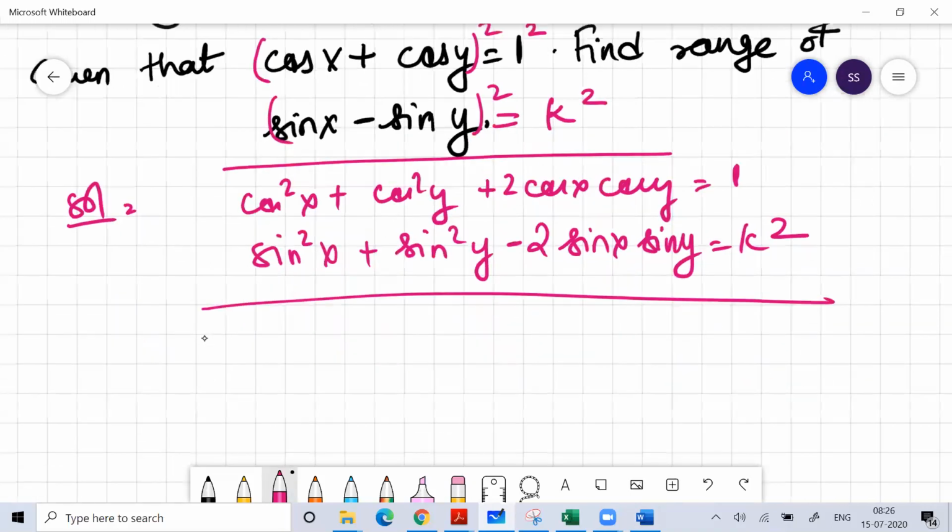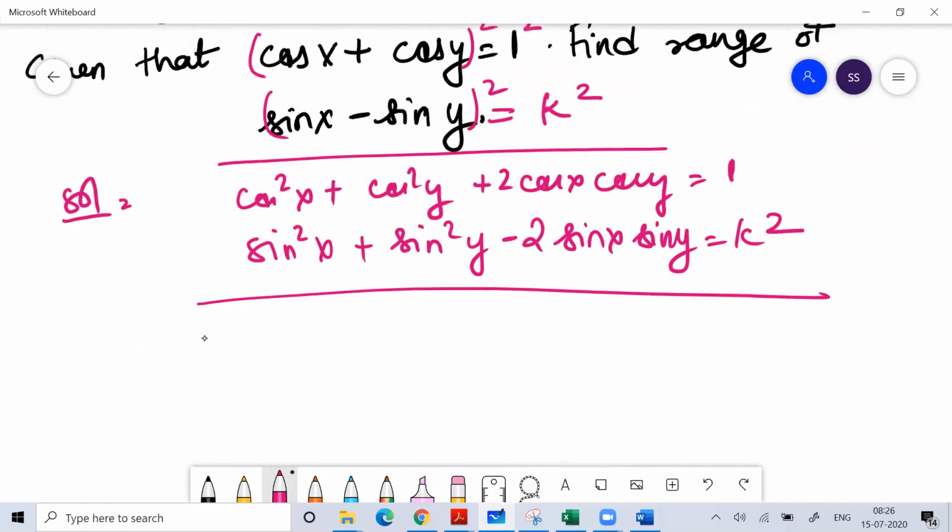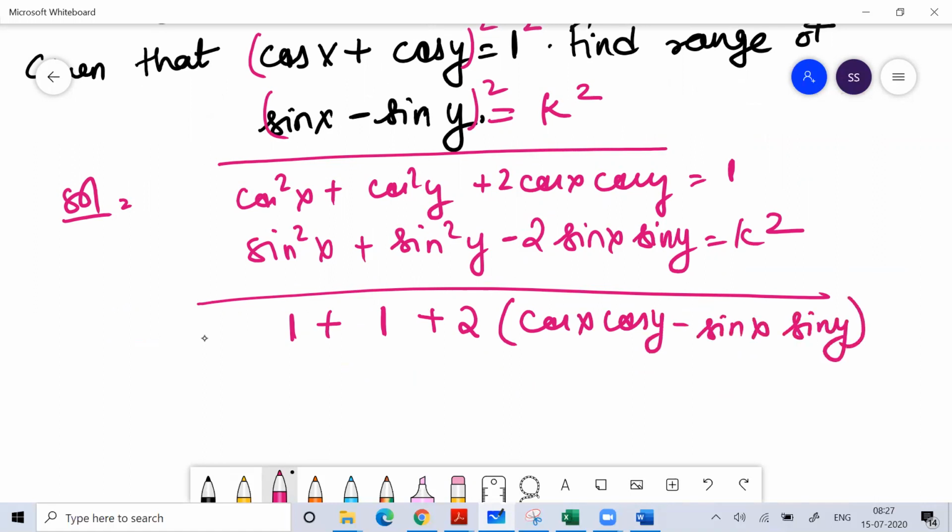Now if I add them, then sin square x plus cos square x will be 1, and sin square y plus cos square y would be 1. Then if I take 2 common, you will get cos x cos y minus sin x sin y is equal to 1 plus k square.